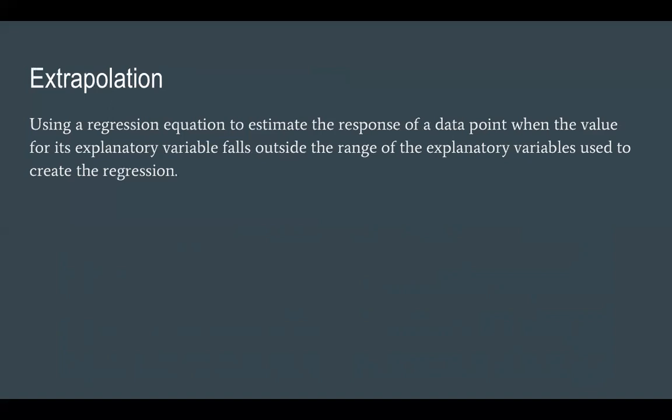For example, if you have a data set that shows the heights of adults, you could not use that data set to try to estimate the height of a child because it's just outside of the range of the explanatory variables that we used to create that initial regression, which is the height of adults.